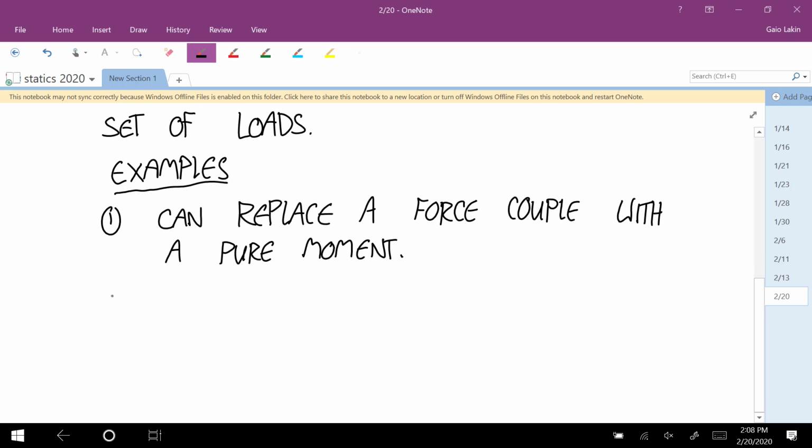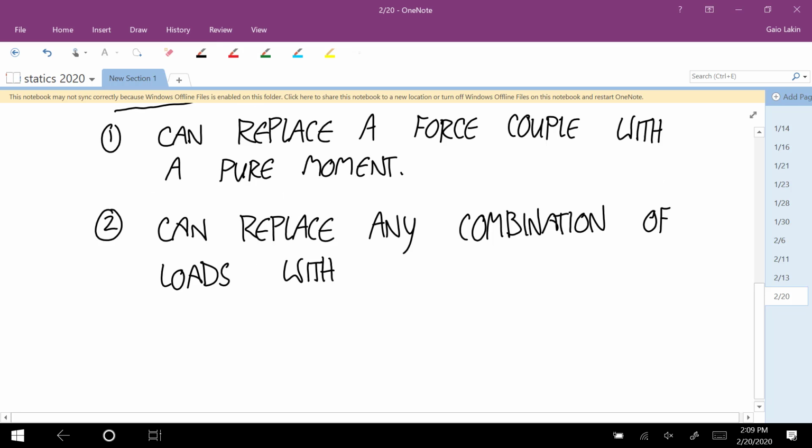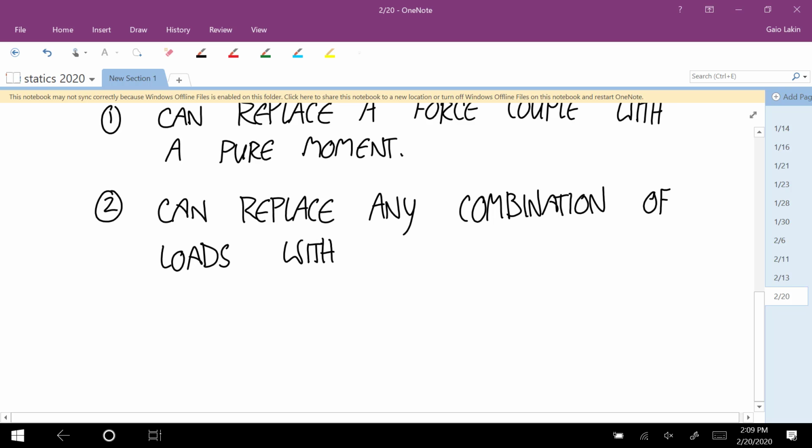Another thing that you can do that we haven't done, and I'm not going to talk about how to do it, but you can do this. You can replace any combination of loads with a force vector at a chosen location that you choose.